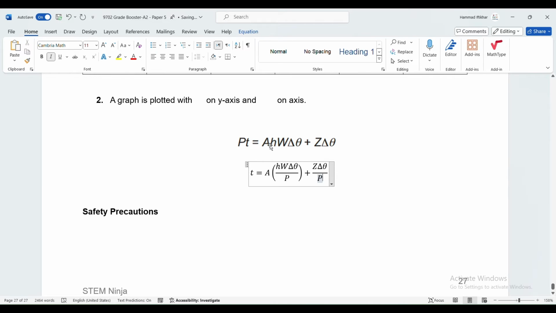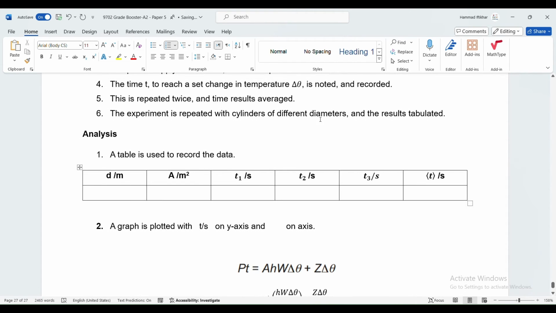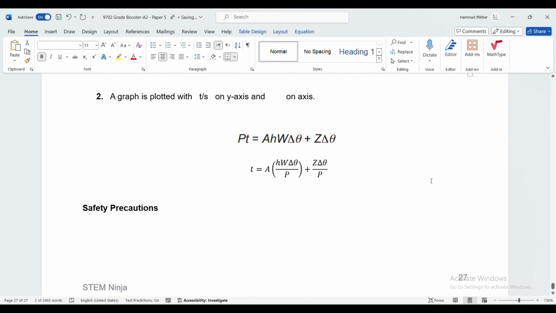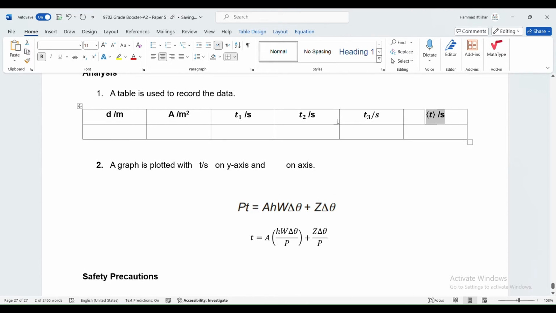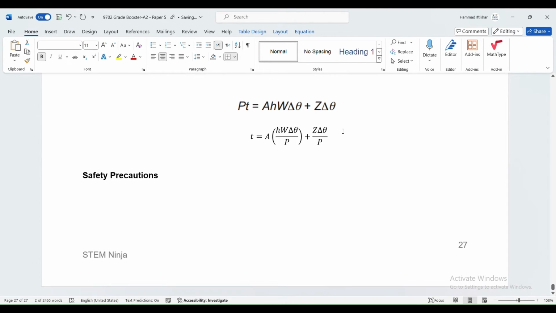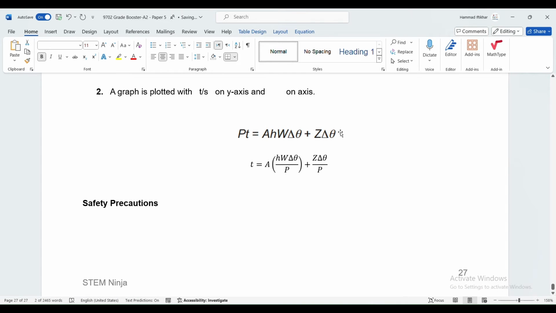Just to make sure that we have everything, t can be on the y-axis. I'll use the average time that we just recorded. The final readings. We don't have to copy it, but that's what we mean over here.